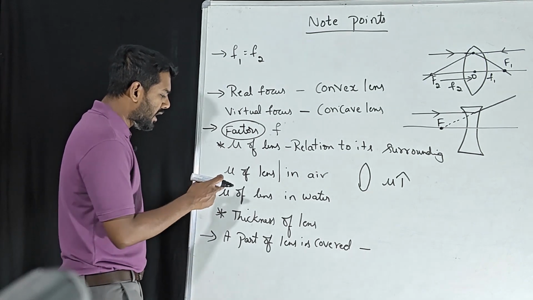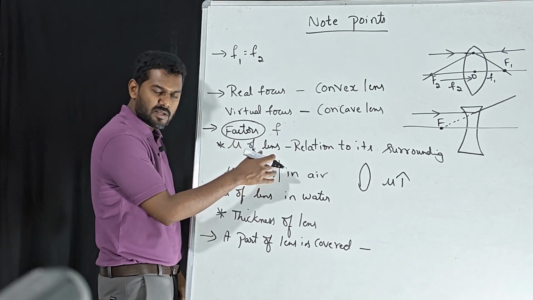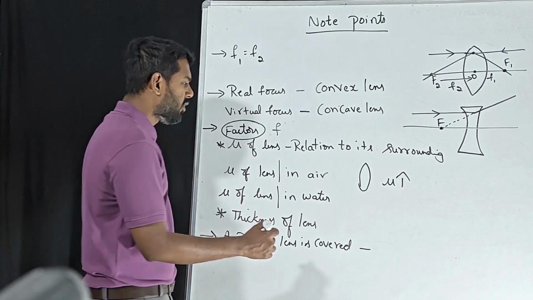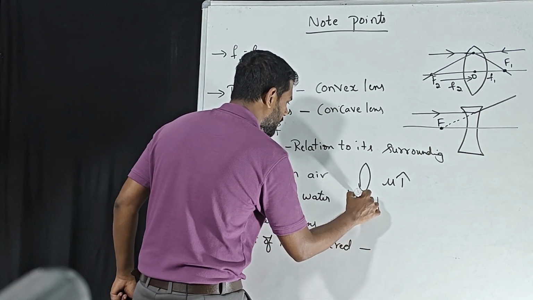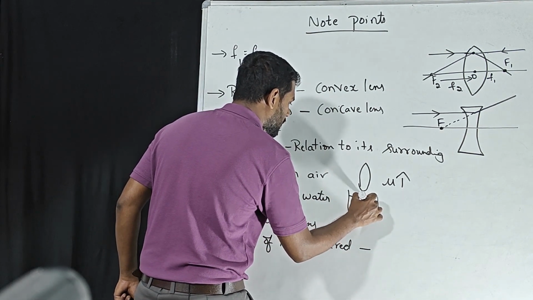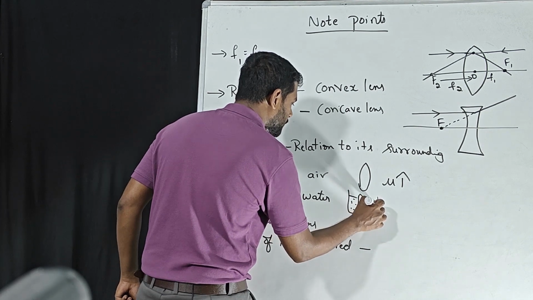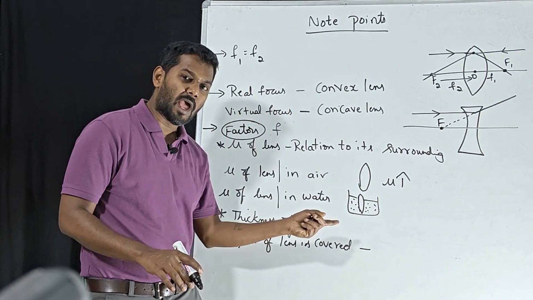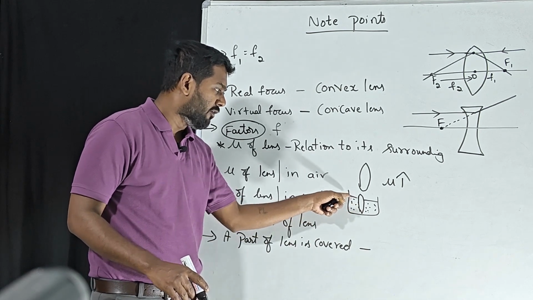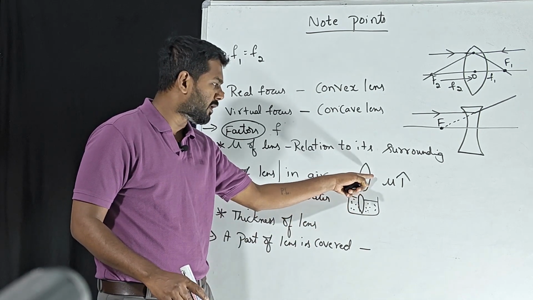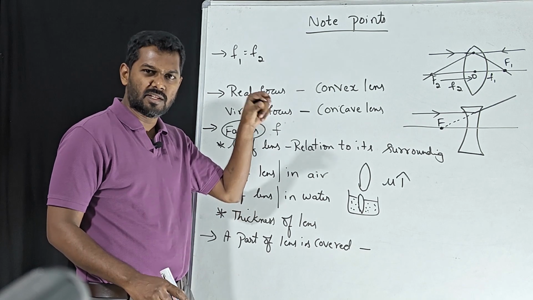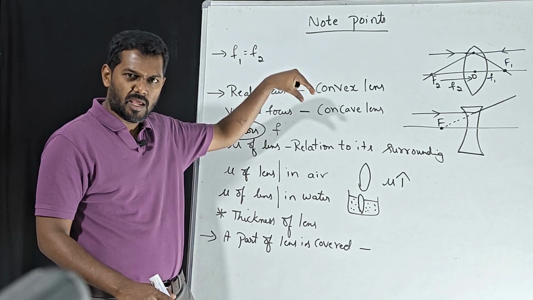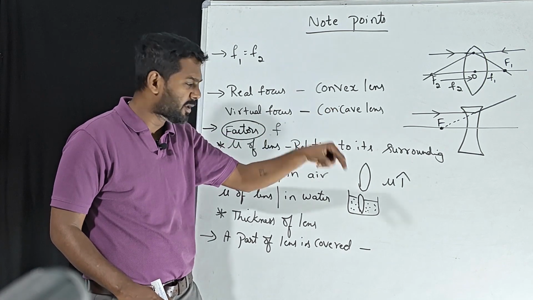Next, the same lens when it is kept in water. The refractive index of the lens remains the same. What happens to the refractive index of the lens with its surrounding when it is taken from air to water? When the lens was in air, now we take the lens from the air and dip it in water.